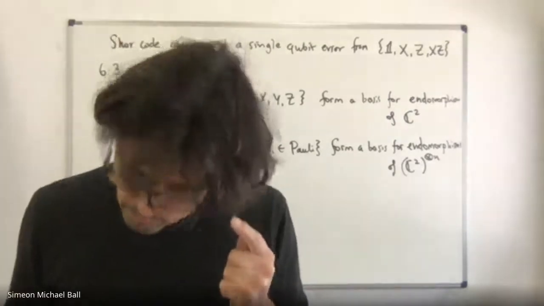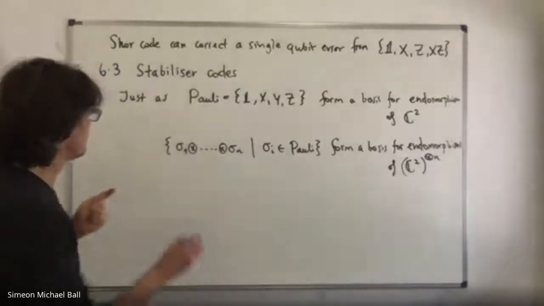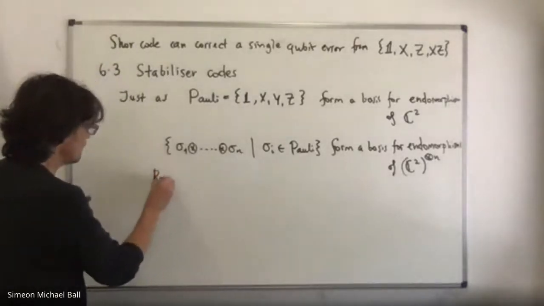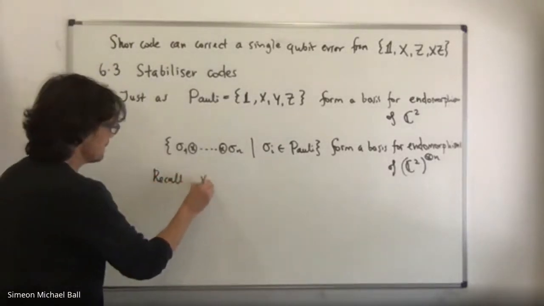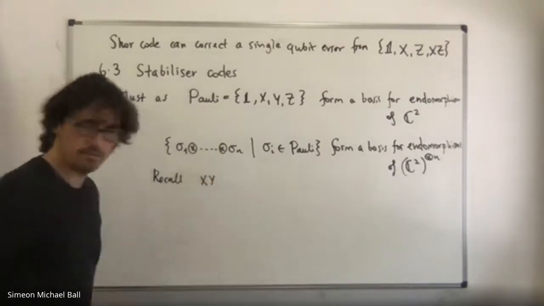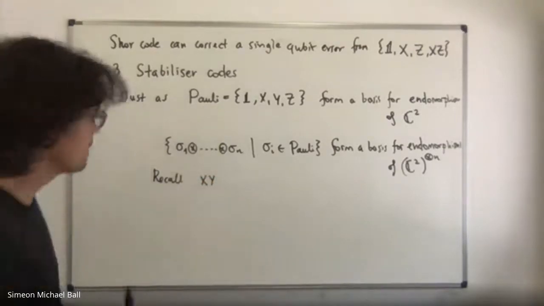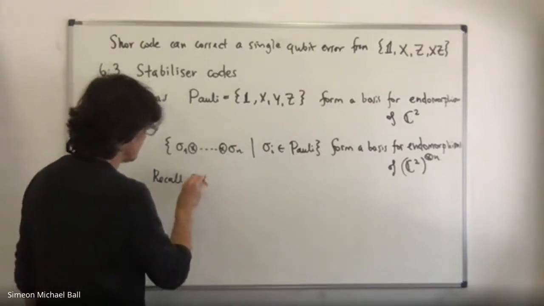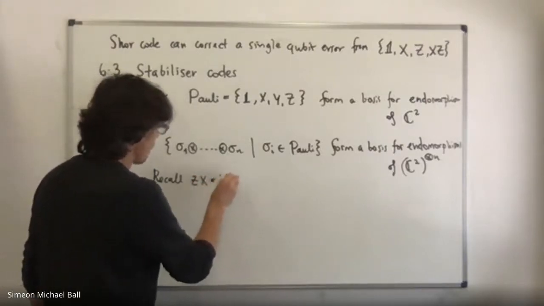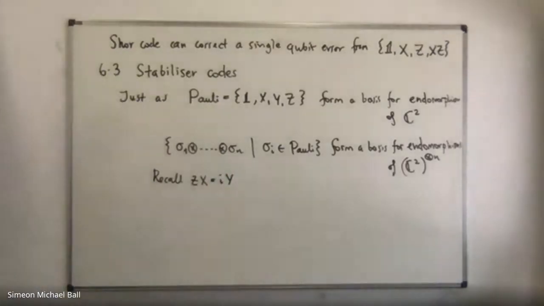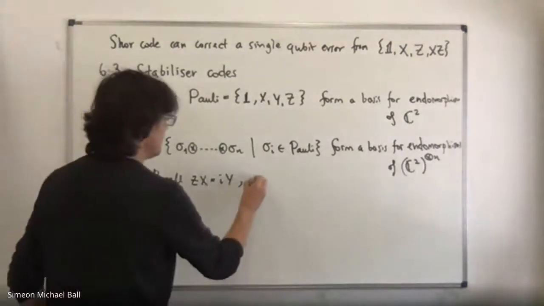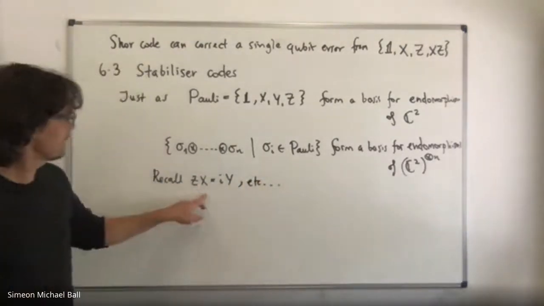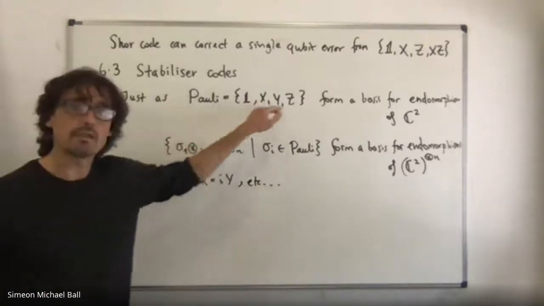So recall we have various identities, but ZX, for example, is equal to iXZ, and so on. Right? So if we multiply these things together, then we almost get a group.